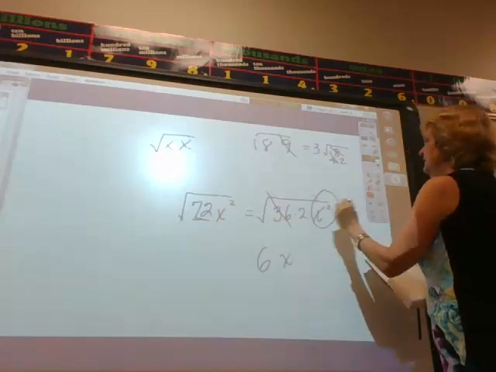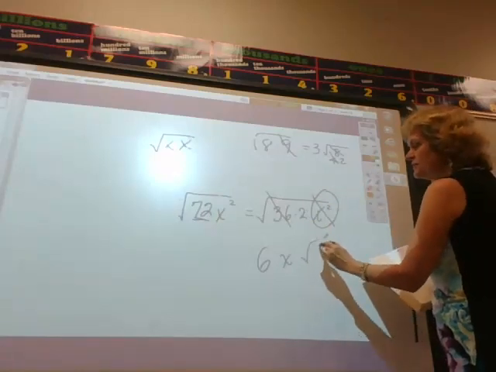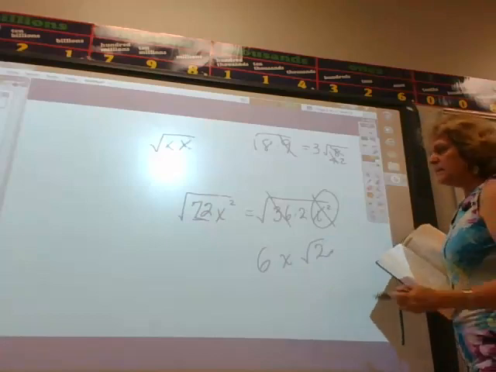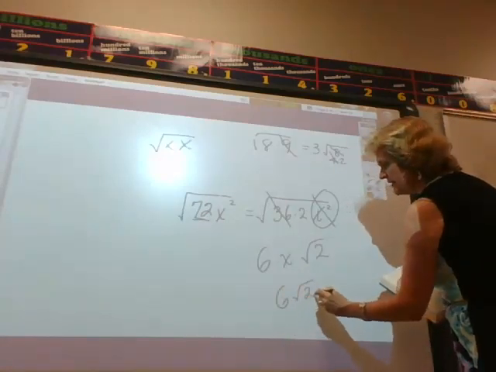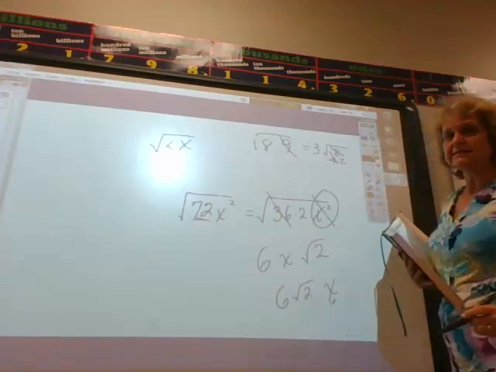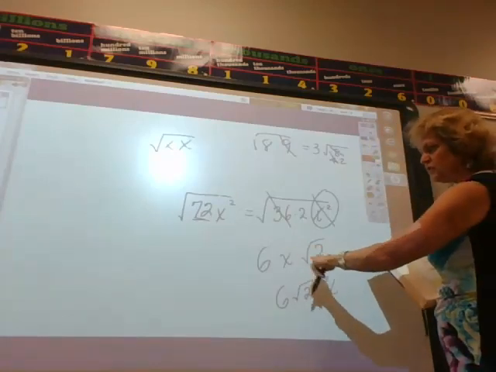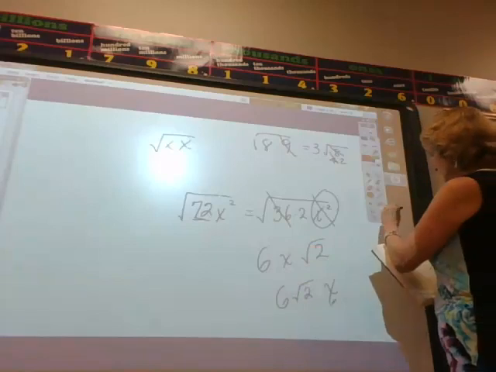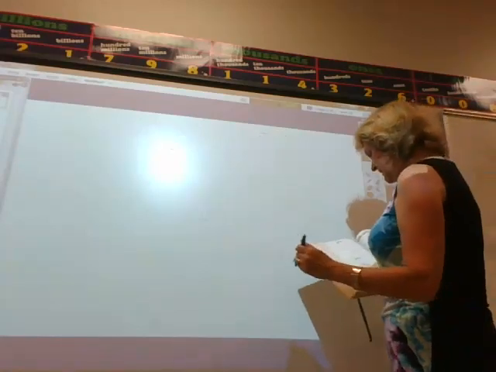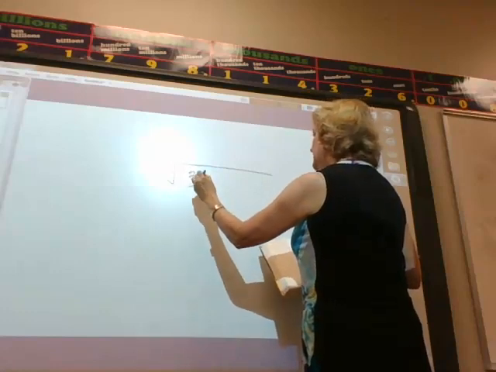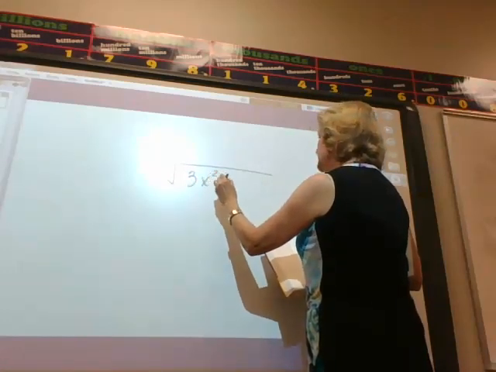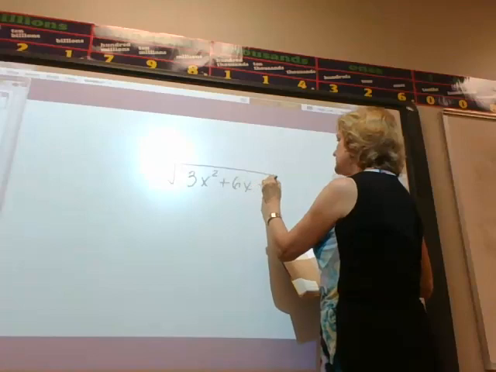And then the radical 2 is stuck underneath there. Now, some people, you'll see the book tends to write it like this, the x coming last, okay? So you can switch the order. All right? Now the next one, we have square root of 3x squared plus 6x plus 3.